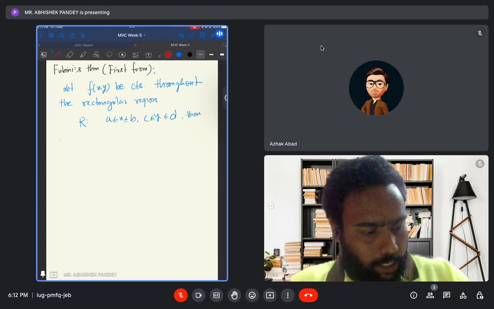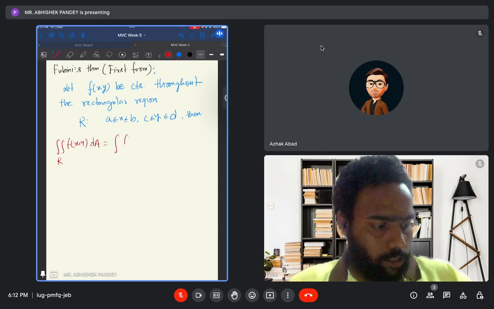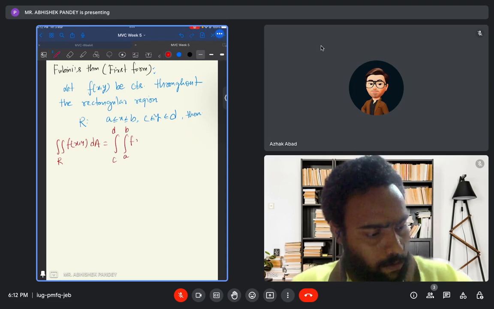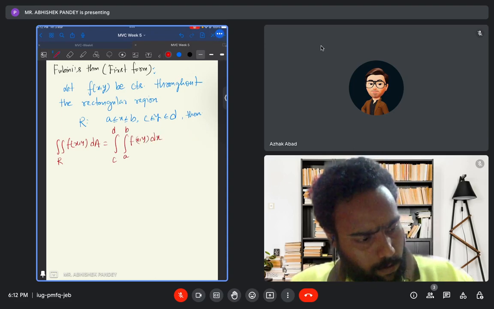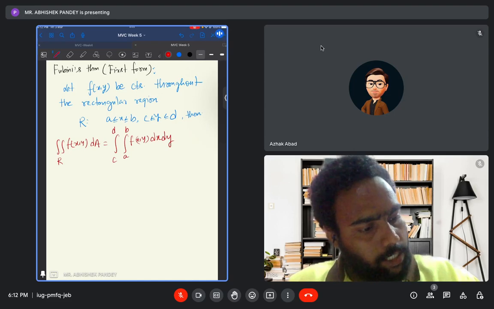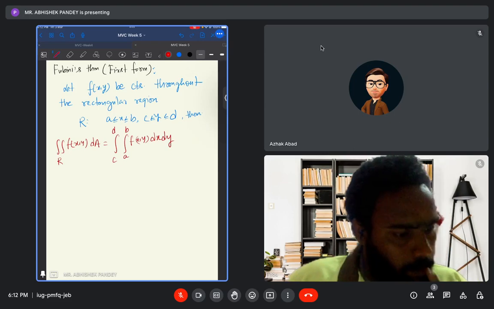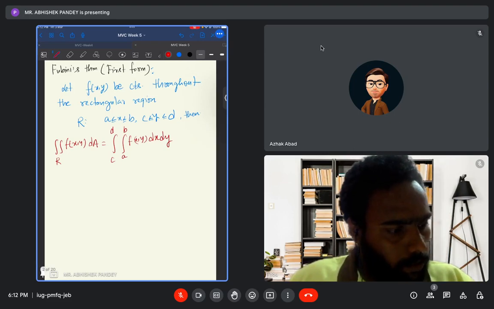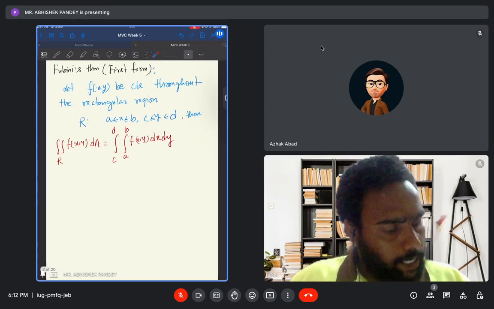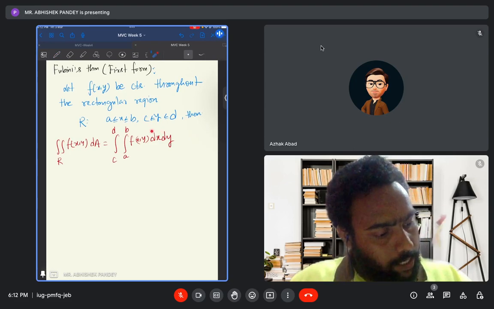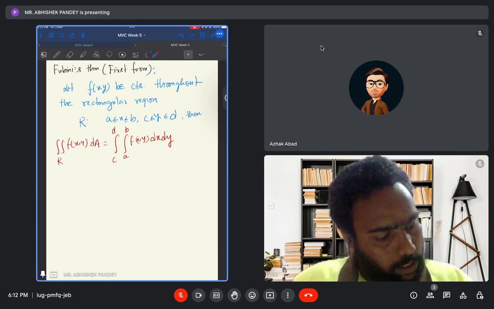Then what it says is that this double integral of f(x, y) dA is equal to the integral from c to d of the integral from a to b. Earlier I mentioned that this dx denotes this integral and this dy is for this one.